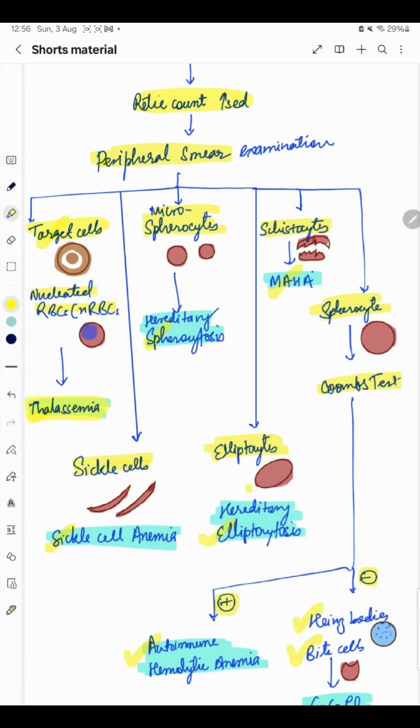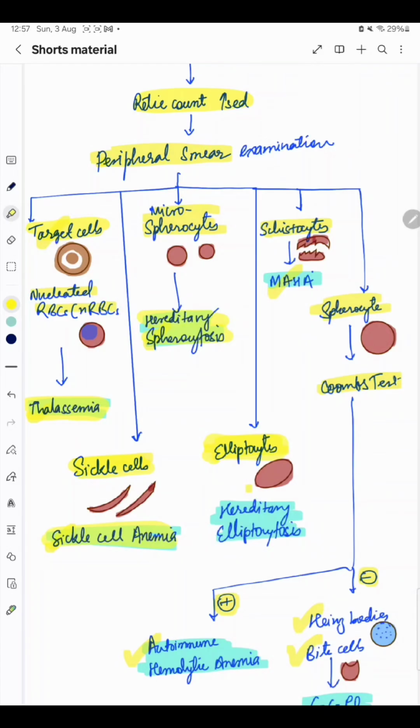If the peripheral smear shows sickle like cells, this might be indicative of sickle cell anemia. If the peripheral smear shows microspherocytes without the central pallor, this is seen in hereditary spherocytosis. If the peripheral smear shows elliptocytes, this might be indicative of hereditary elliptocytosis.